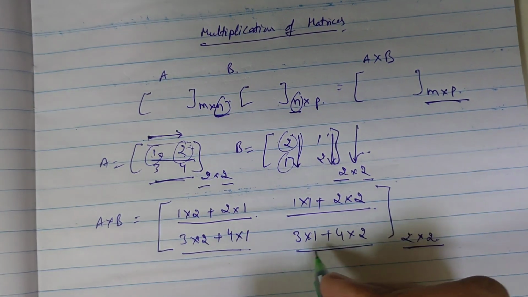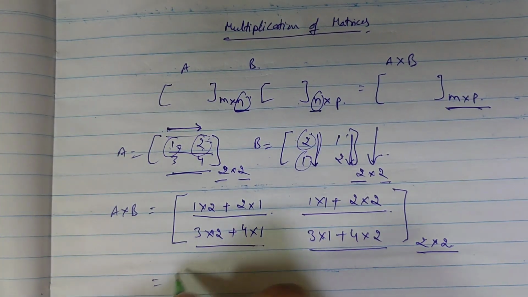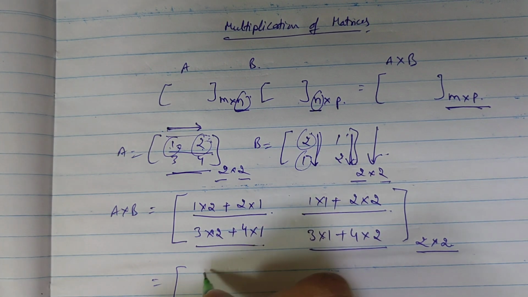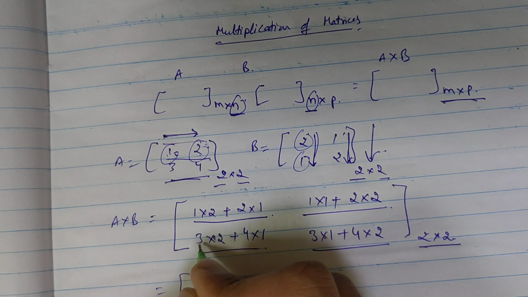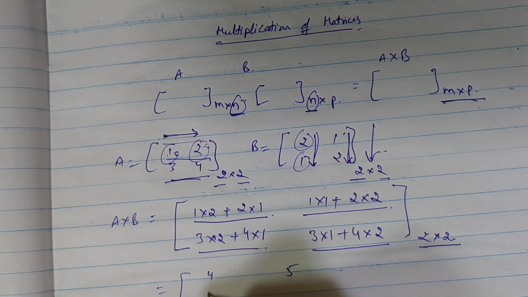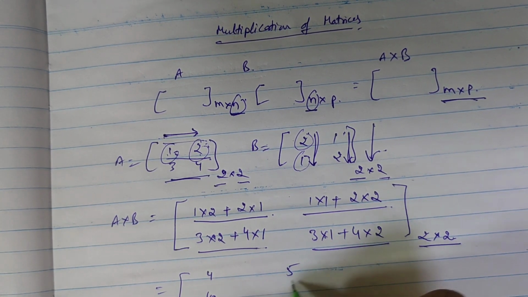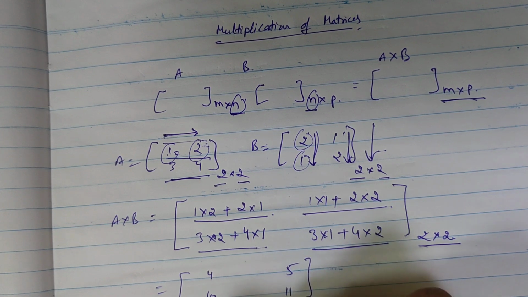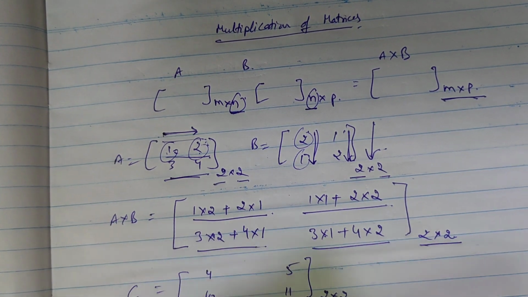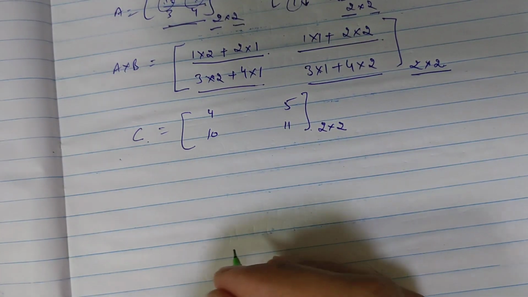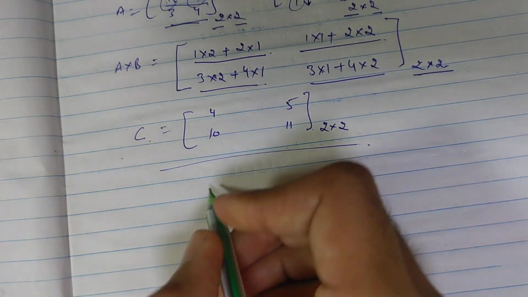Okay, we have got this, and you can solve. 2 plus 2 4, 1 plus 4 5, 6 plus 4 10, and 3 plus 8 11. So this is the resultant matrix. Suppose take C. Okay, and this is the multiplication.